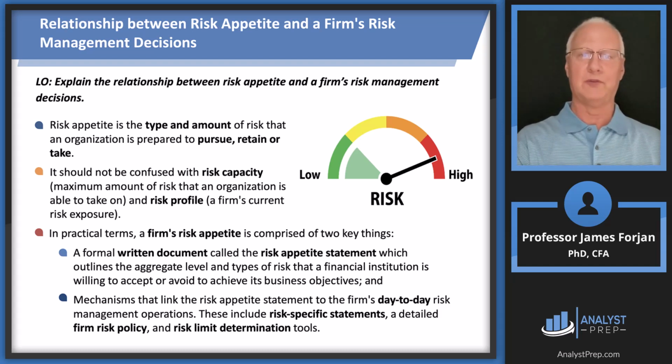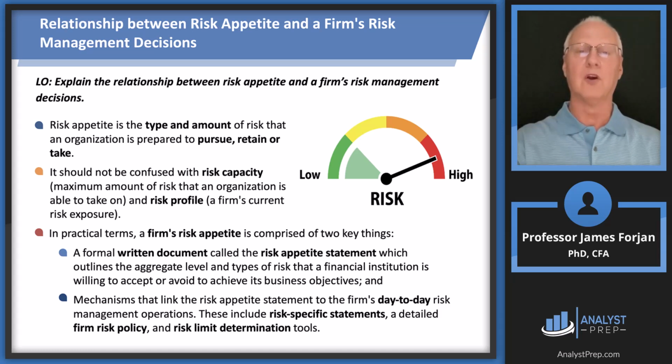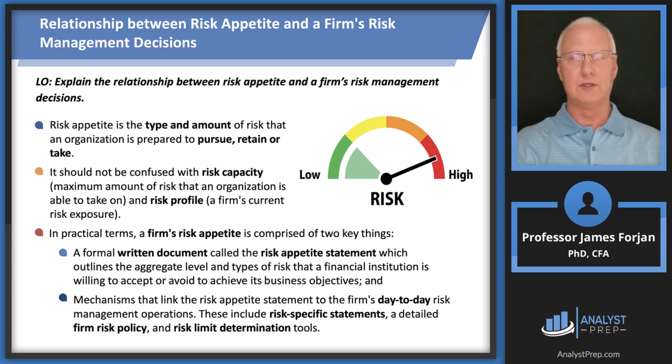But what GARP does here is they also throw in the firm's current risk exposure, and they call that a risk profile. But before I do that, make sure you get a good definition of this risk appetite. So it's a written document, probably written by the chief risk officer in conjunction with the board of directors.